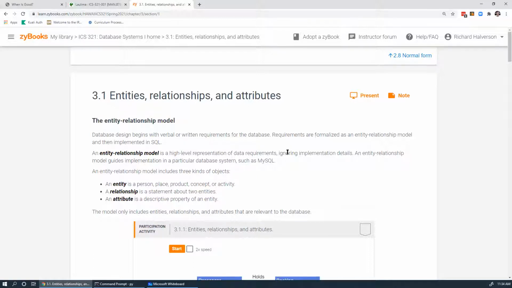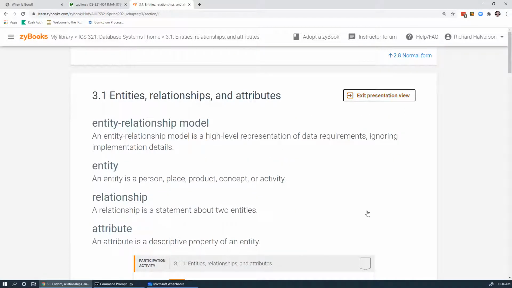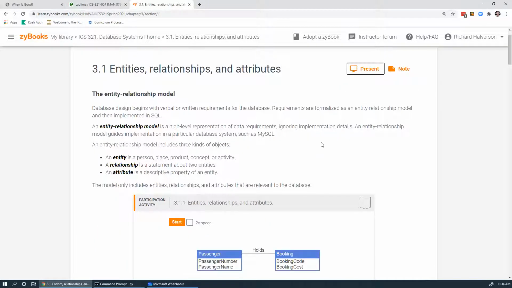Okay, database design begins with verbal or written requirements. And then after that, the requirements are formalized using an entity relationship model. And then after you have the entity relationship model, you implement it in SQL.